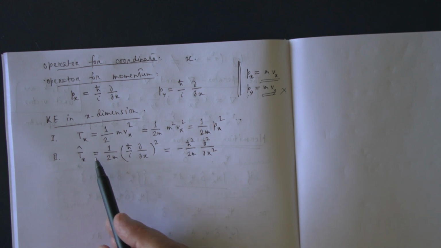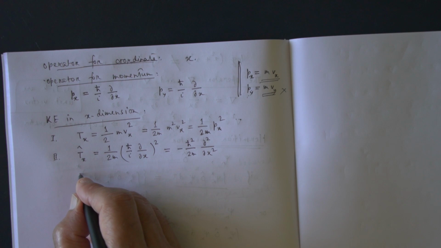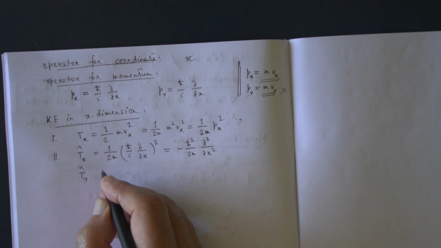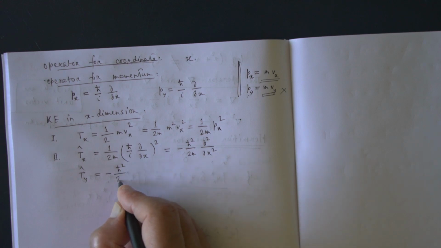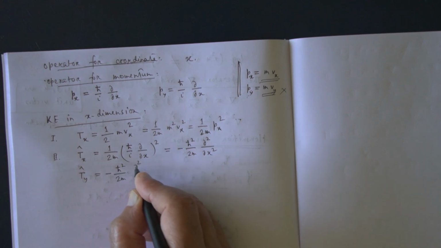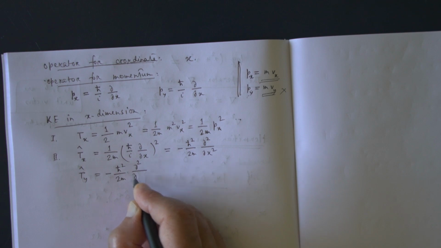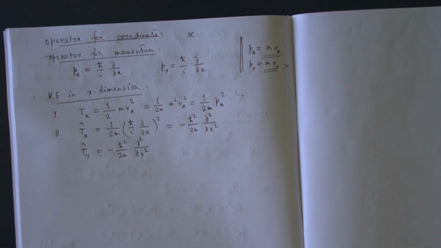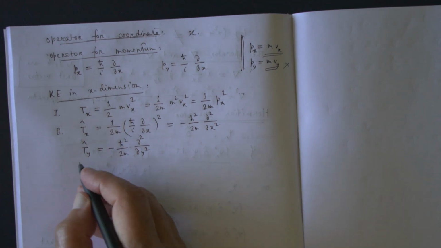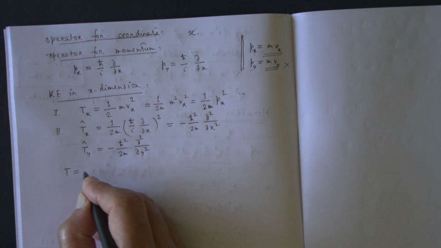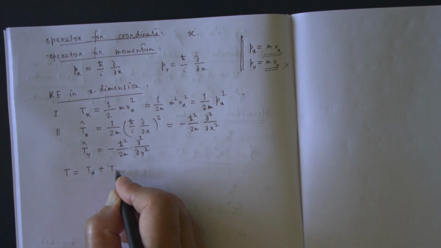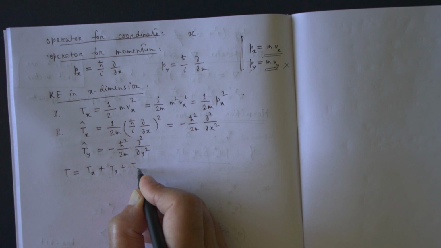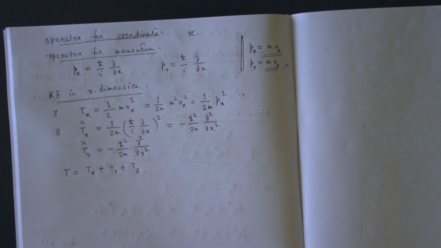Similarly, the operator for kinetic energy in the y dimension will be minus h bar square by 2m del 2 del y square. Now total kinetic energy equals Tx plus Ty plus Tz, in 3 dimensions.